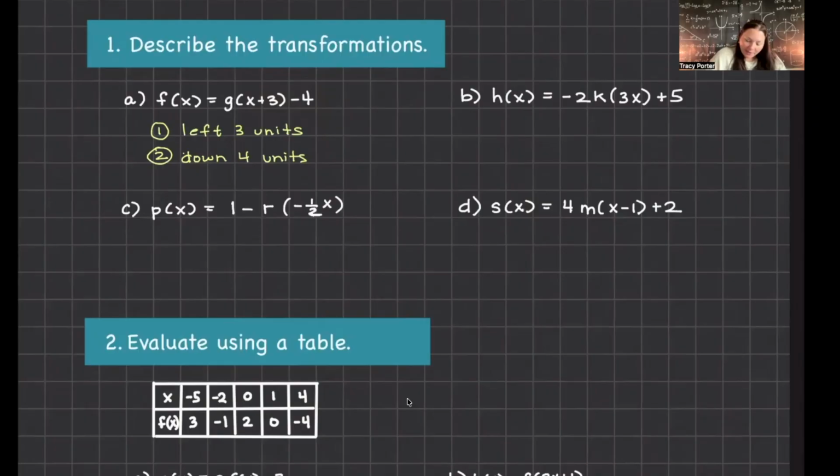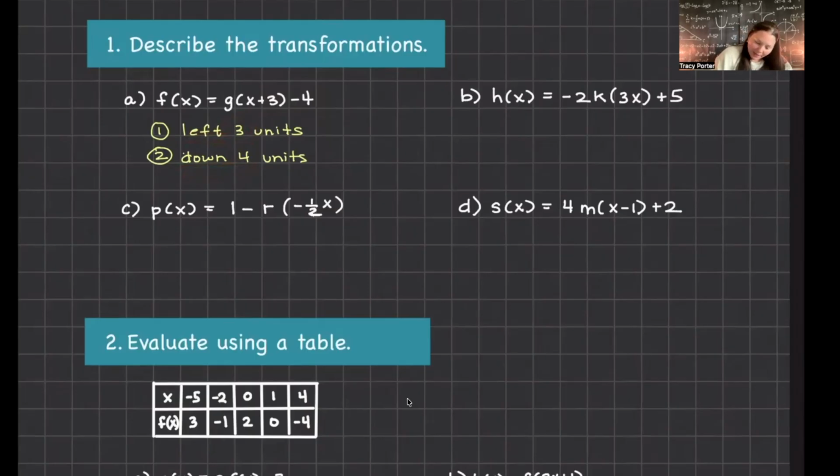Another way you could say this, if you didn't want to indicate left and down, you could just say a translation of -3 units, but you need to change it to -3. And then you could say a horizontal translation of -3 units. This would be a vertical translation of -4 units. So you can say left, down, or one of those.